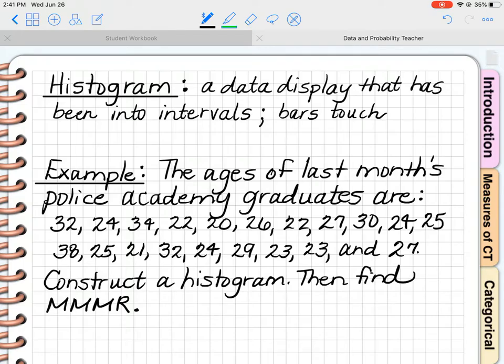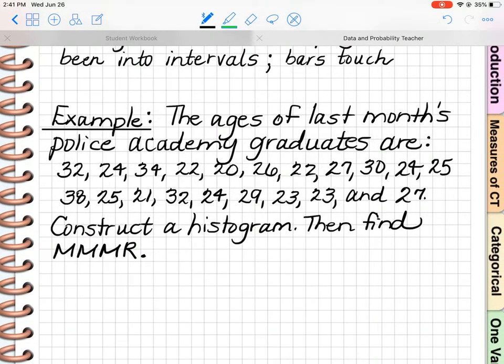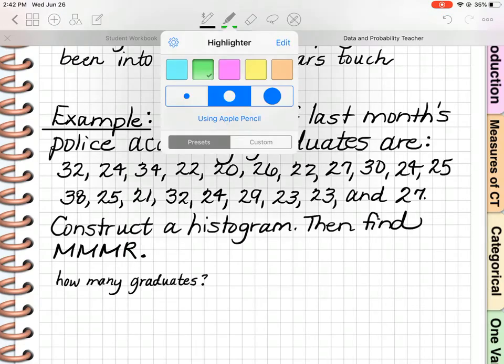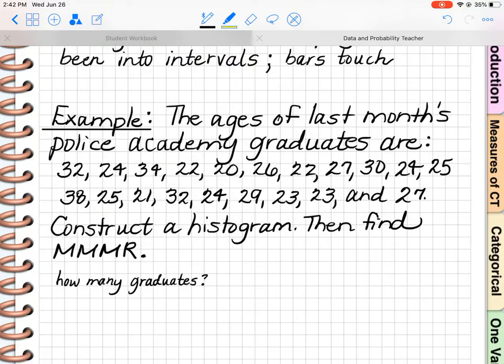Okay, so the first thing that I want to do is just read my data a little bit carefully. I want to know how many graduates there were. So how many students graduated from this program? Sometimes they'll tell us that, and sometimes we have to count to find that out. So let me highlight the numbers that we're looking at here.